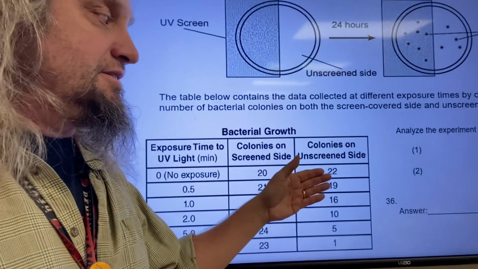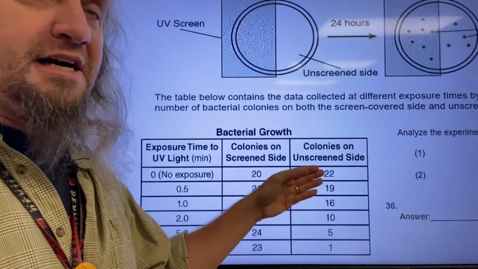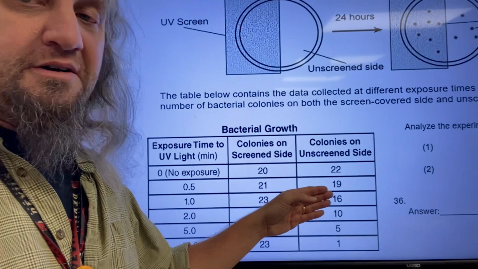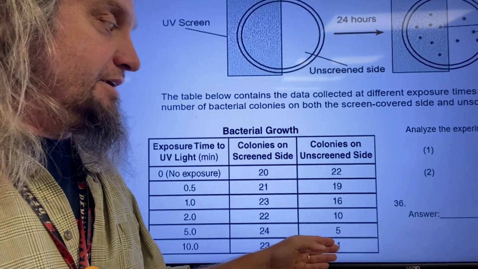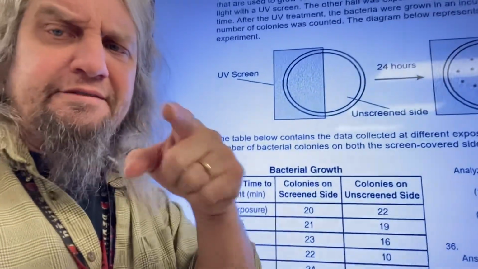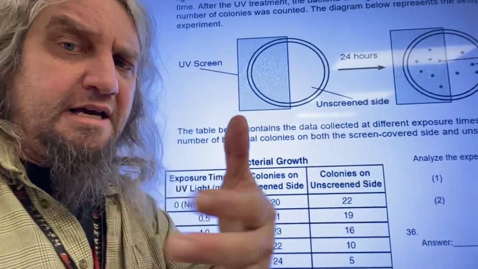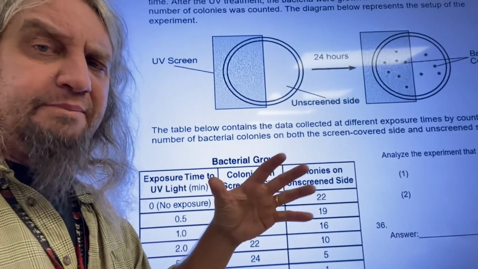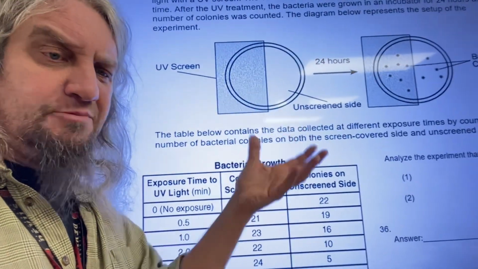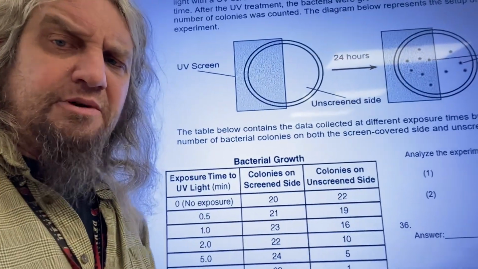On the unscreened side, when there's no exposure, they grow about the same number of colonies, but as soon as you increase the exposure, you decrease the amount of bacterial colonies, which means ultraviolet negatively affects bacteria growth. So that's a good example of, I had people who got things backwards or couldn't read. You really got to slow down and read the question.